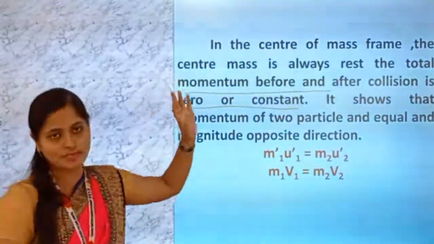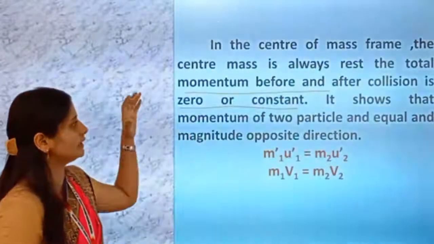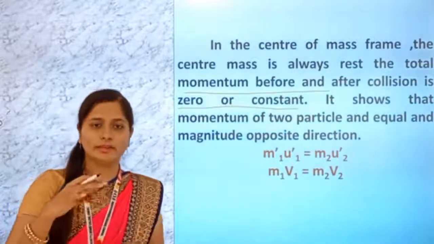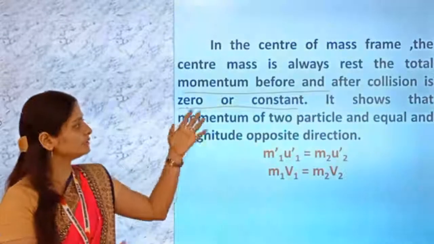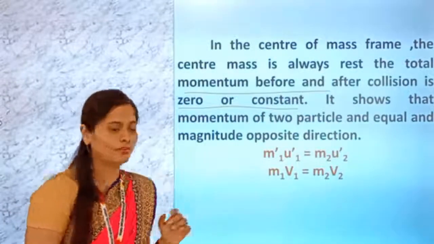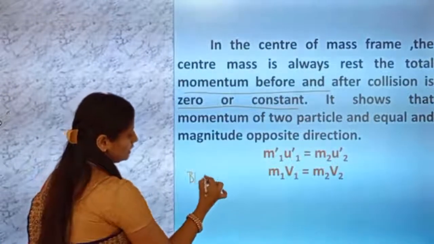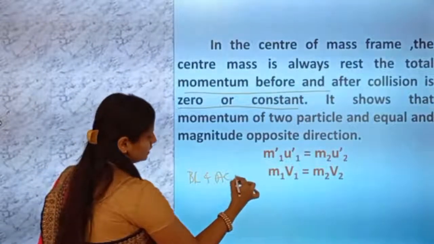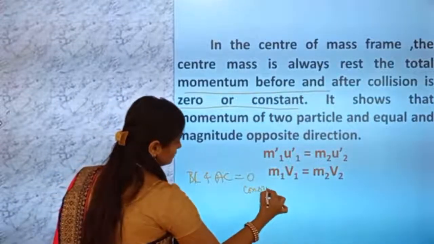In the center of mass frame, the center of mass is always at the rest position. So in the rest position, the total momentum before collision is equal to that after collision, that is 0. So before collision and after collision it is equal to 0 or constant.